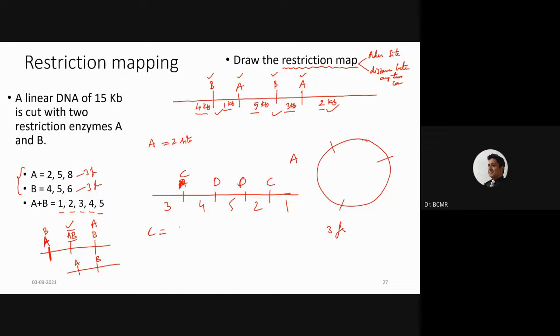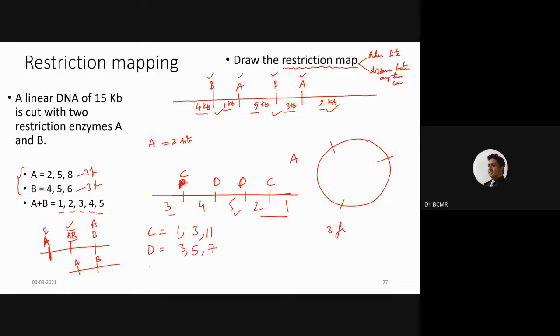I would get 1, 3, and 9 plus 11. If I cut only with D, then I would get 3, that is from here, then 5, this one, and then 7.